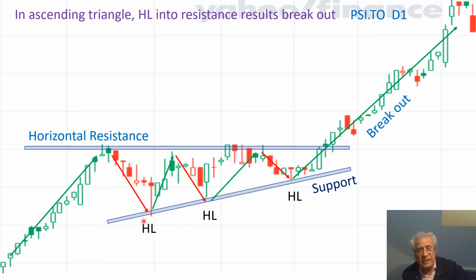As soon as it hit the support, it got rejected by this hammer and the price moved up, and again moved down here, and this hammer made the price go up. Here there's another shooting star which made the price go down. Here is another hammer which made the price go up, and finally it hit the resistance, broke the resistance, and had a little pullback here and went up.